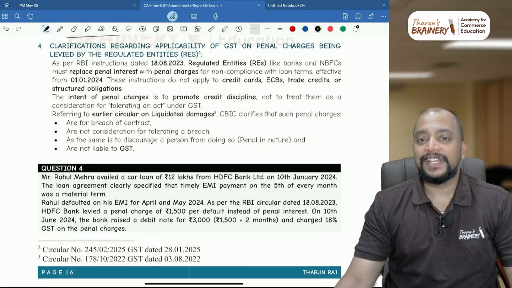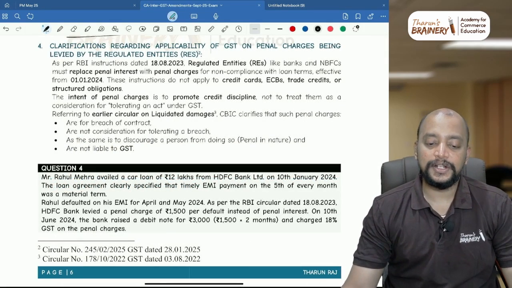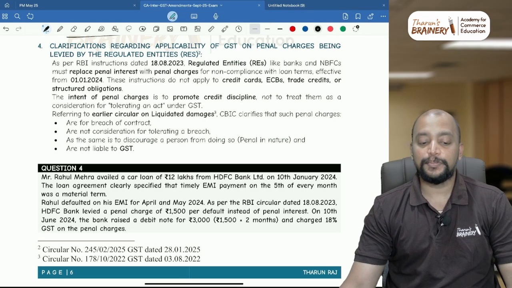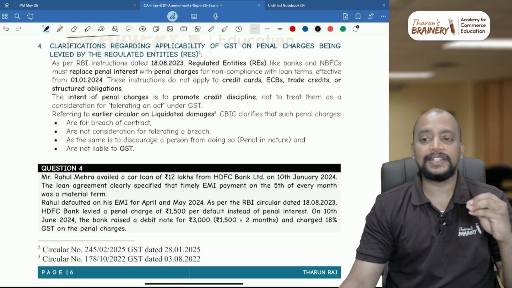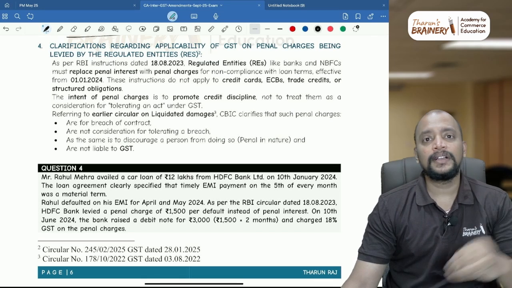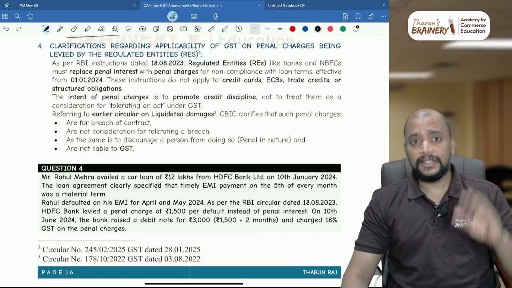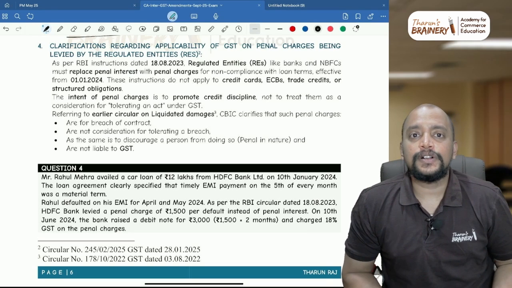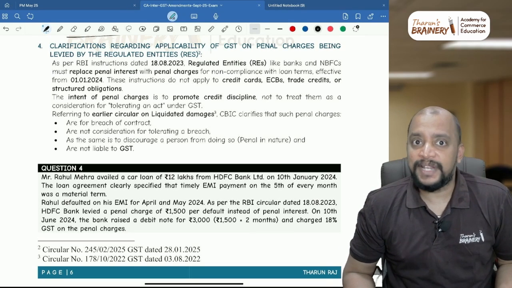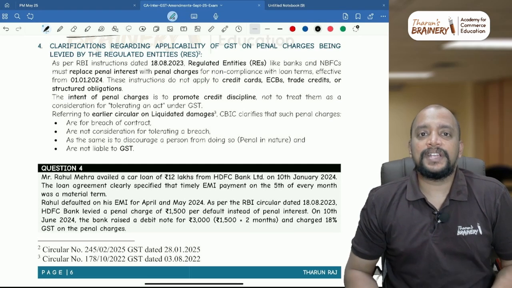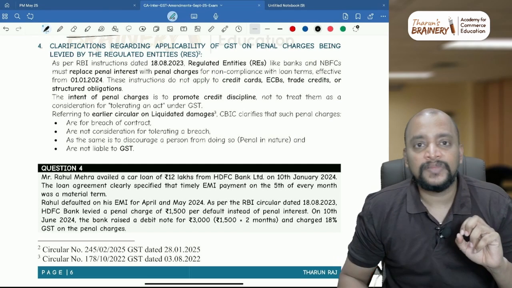Now we are moving on to the next amendment, that is related to the penal charges being levied by the regulated entities. So let's try to understand some background related to this. Already there was one circular which talks about liquidated damages. So liquidated damages, how should they be treated?